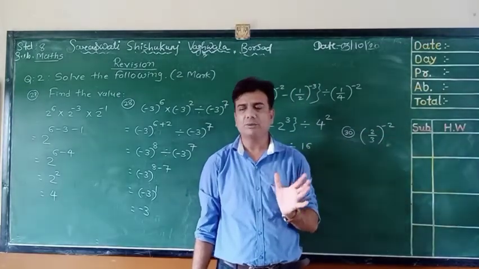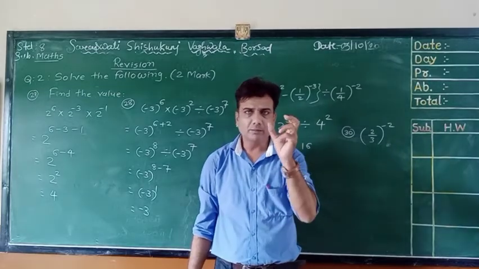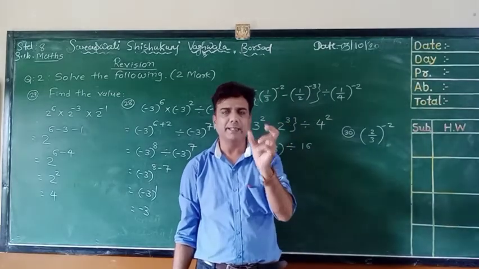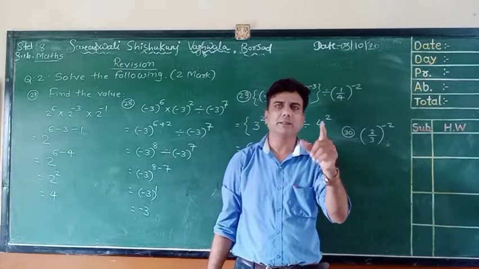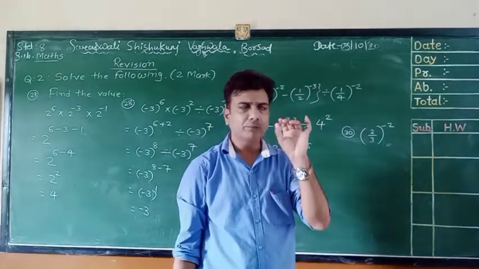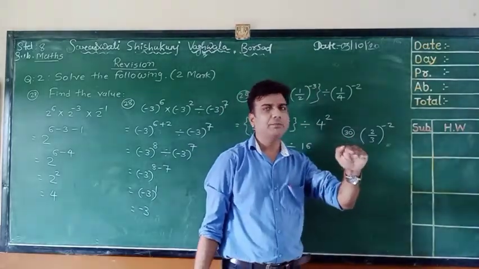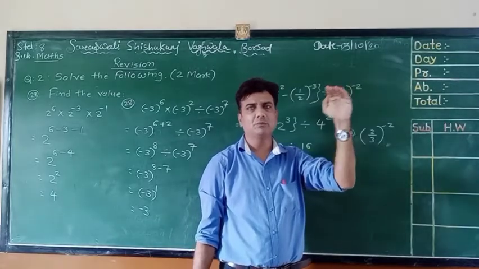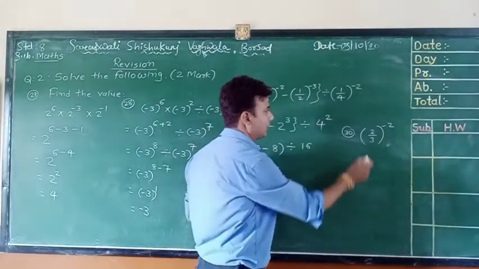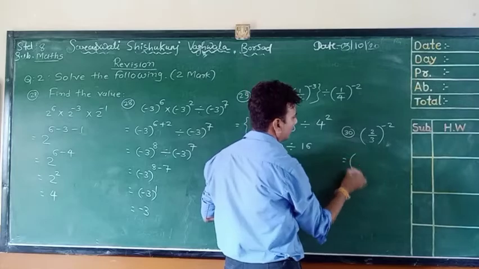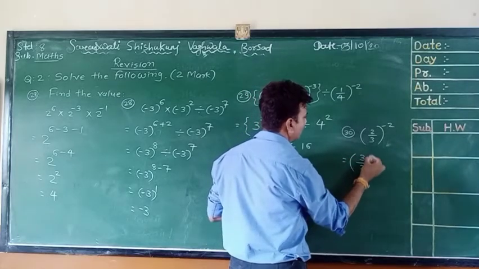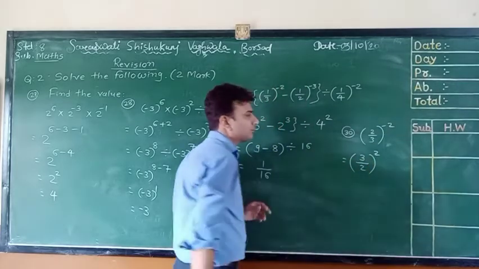So simple. First of all students, the power is in negative form, so first we will convert this negative power into positive. Simple: the denominator we write in the numerator, and the numerator in the denominator. So 3 goes up and 2 goes down, so we can write 3 by 2, and this power becomes positive.